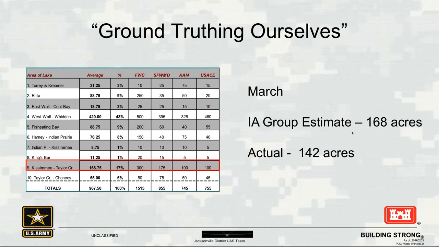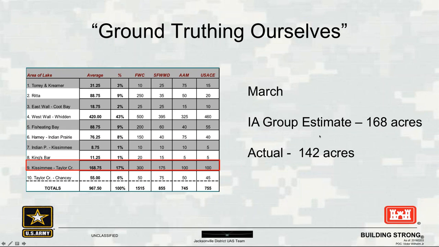It's always interesting when you have hard data compared to aerial survey data. In March, that group estimated there were 967 acres, 168 acres in that Eagle Bay Marsh area that we flew. Digitized out, it was 142 acres, so that's not too bad.